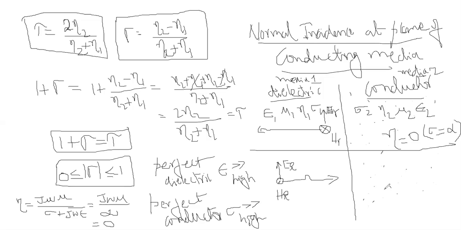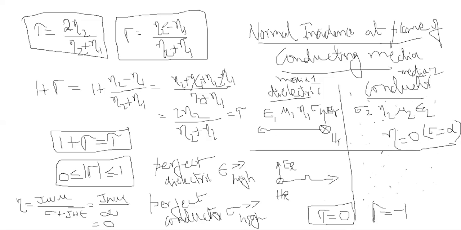There is no transmission. The transmission coefficient tau is equal to 0 in the conducting medium, for normal incidence at a plane conducting medium. The reflection coefficient gamma is equal to minus 1.